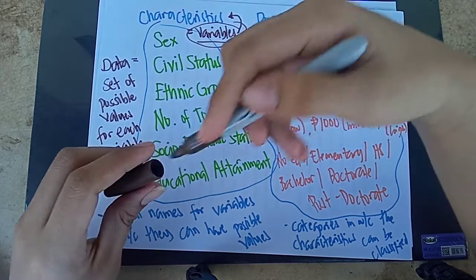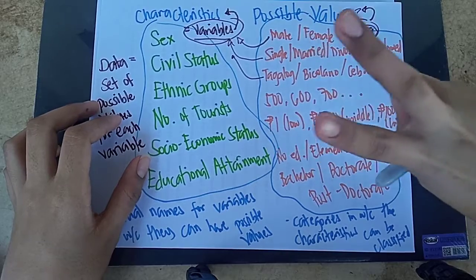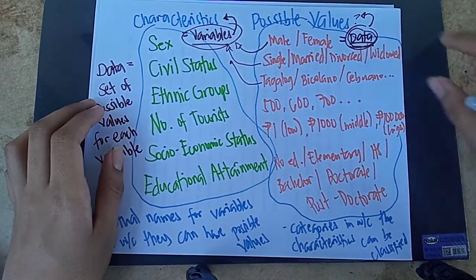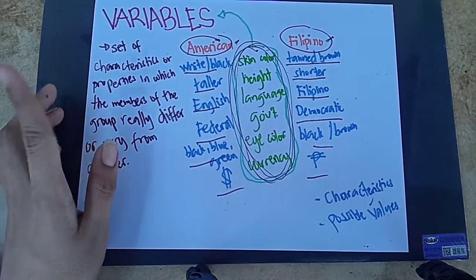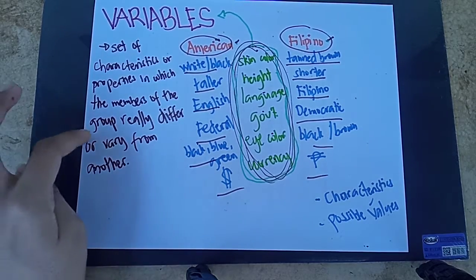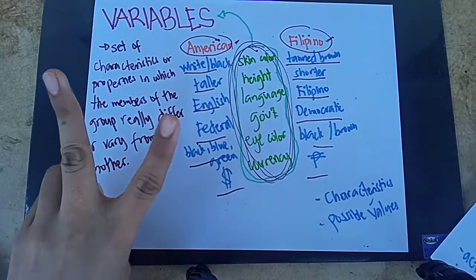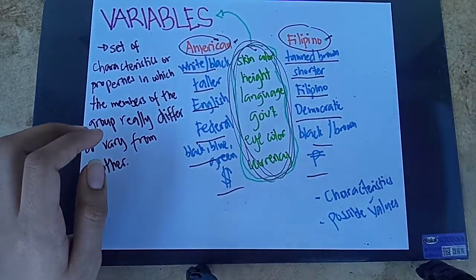Okay? So, that would be the main essence of the two components of variables, which are the characteristics and the possible values. To recap once more, variables are the set of characteristics or properties in which the members of the group really differ or vary from one another. And it has two components, characteristics and possible values.